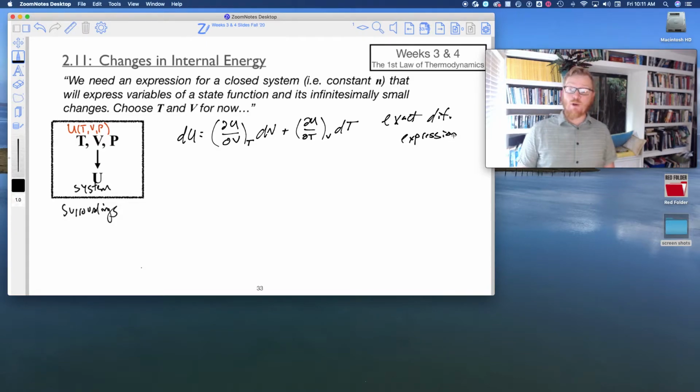And now the game that we're going to play is inspect the derivatives and see if we can connect those derivatives to a physical observable. Okay, so we have changes in U with respect to volume at constant temperature and changes in U with respect to temperature at constant V. So does this look familiar?